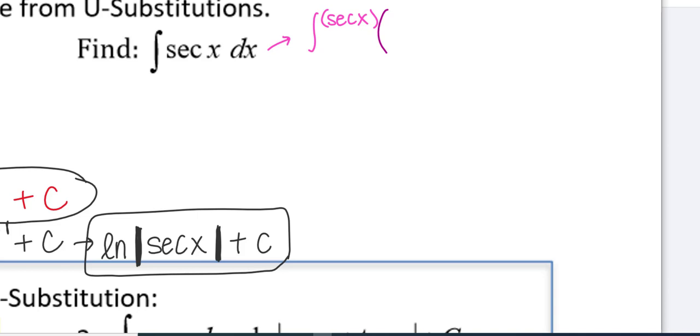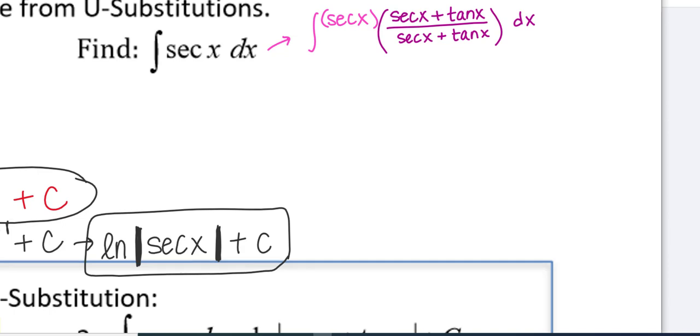And as long as you're multiplying by a factor of 1, you're not changing the value, you're just changing the way it temporarily appears. So for example, if I multiply by secant x plus tangent x over itself, let's see how or why that might help us. Again, don't forget your dx because that's your variable of integration here.